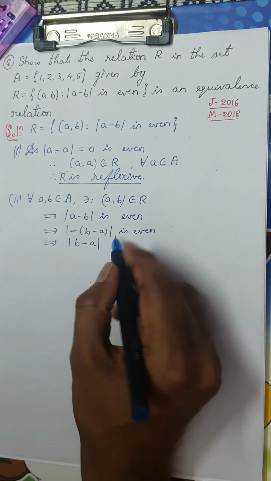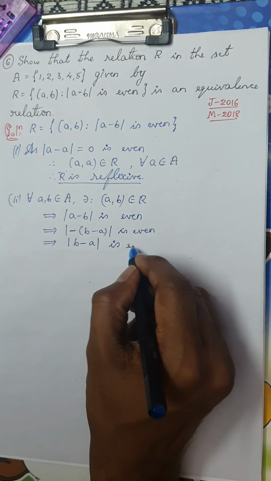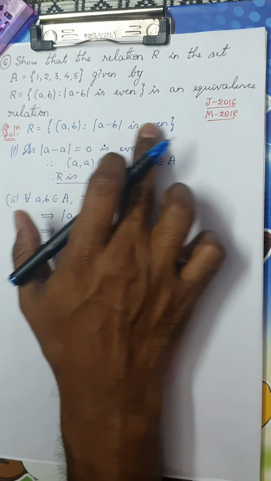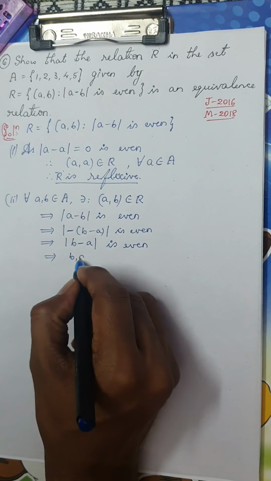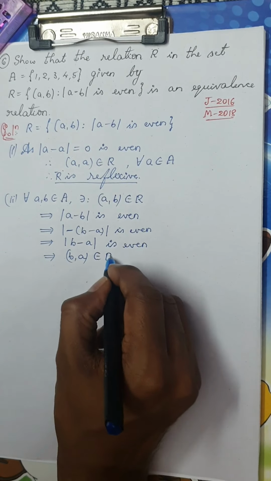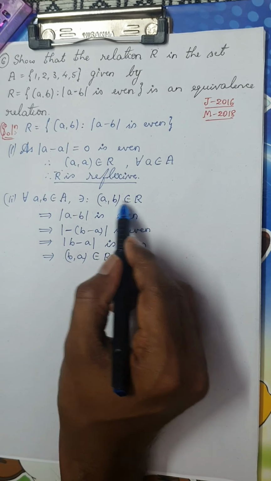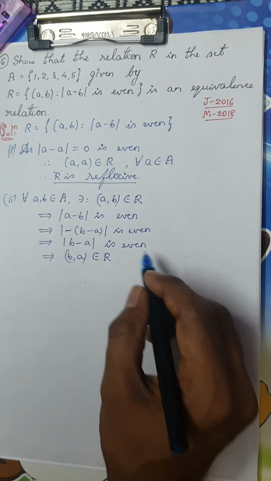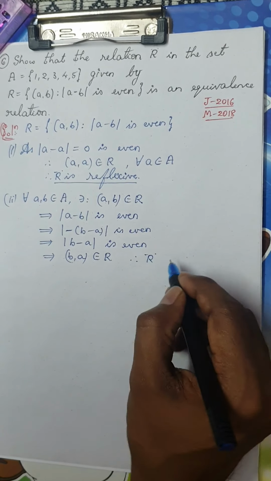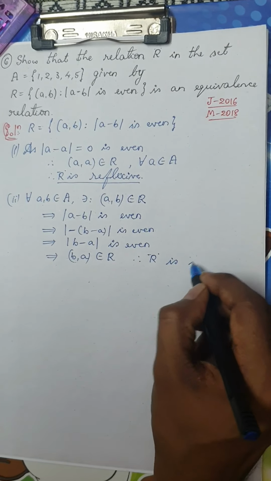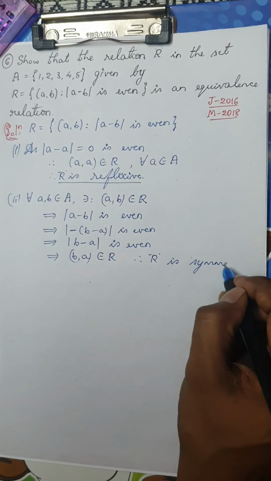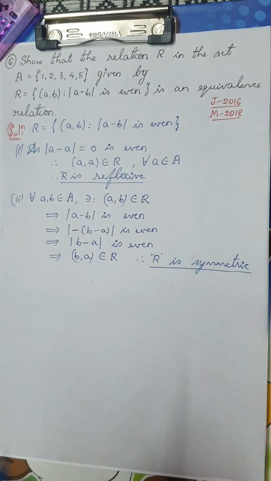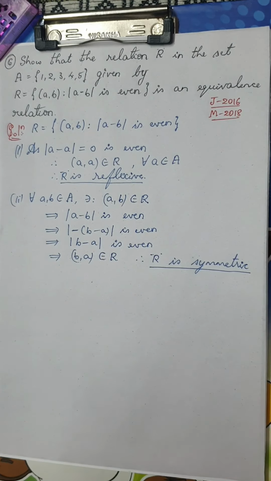I can write modulus of B minus A is even. Are you following? Because modulus of B minus A is even, I can definitely write (B, A) belongs to R. So started with (A, B) belongs to R, ended with (B, A) belongs to R. Therefore, I can write R is symmetric. Very, very simple relations. You can easily get it.